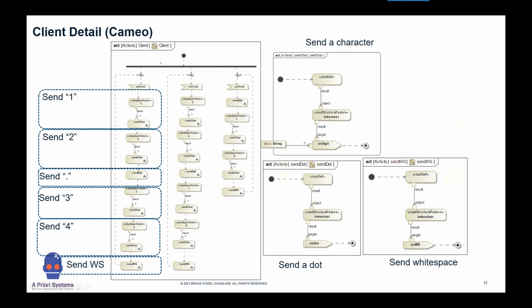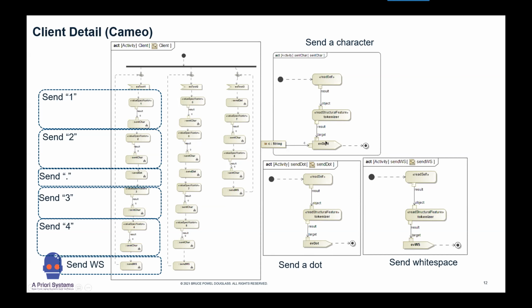So this is how you do things in Cameo. Again, I could have used the action language helper to do it like I did something similar in Rhapsody. But here we're sending the send character event, where I'm sending a 1. Here is the activity I'm invoking, where I pass in the character as the value being passed in.